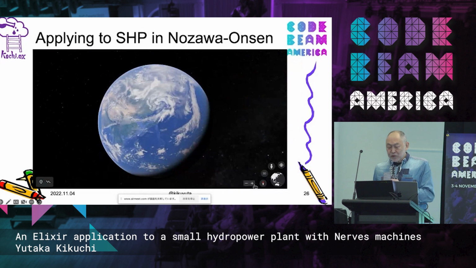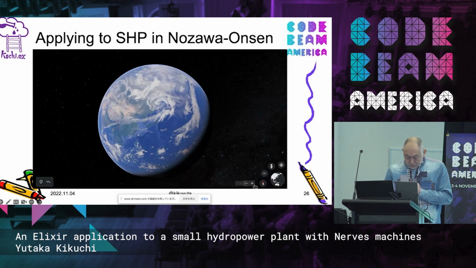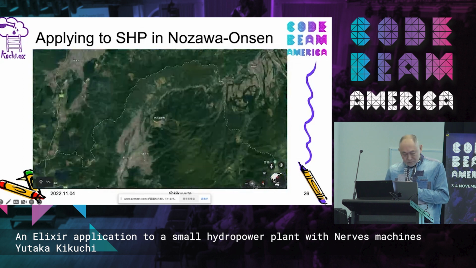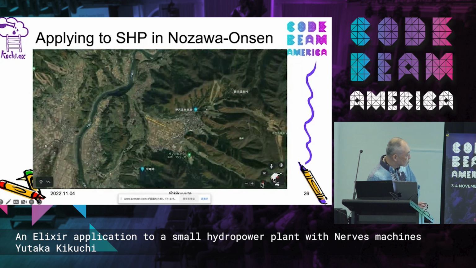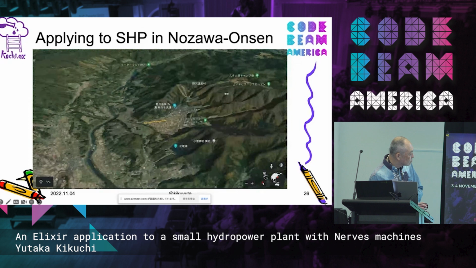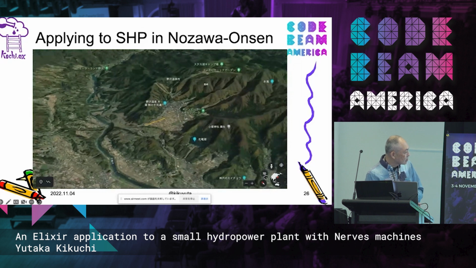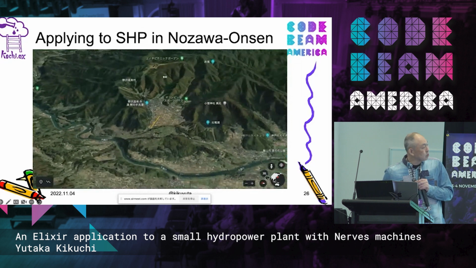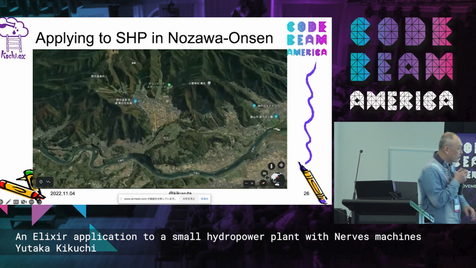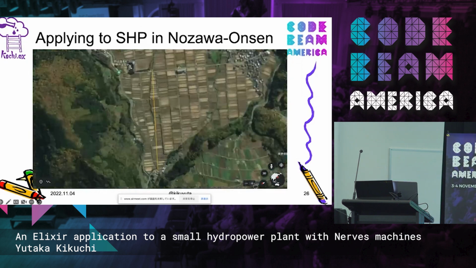After that, we got an order to make a small hydropower plant in Nozawa Onsen. That is a village located in Nagano Prefecture in Japan. It is a famous place for skiing and hot spring. Sorry, not so smooth, but here comes the intake.